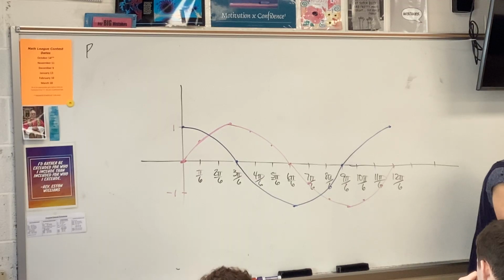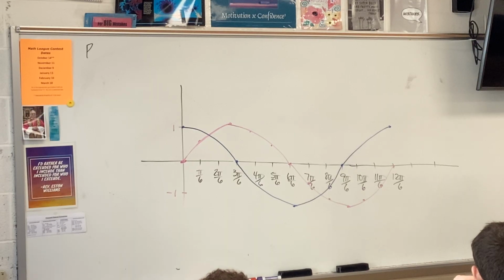And because of that, doesn't the cosine have exactly the same characteristics as the sine? Amplitude is 1, period's 2 pi, midline is 0, and the frequency is 1/2 pi. Does that make sense to you? Absolutely.